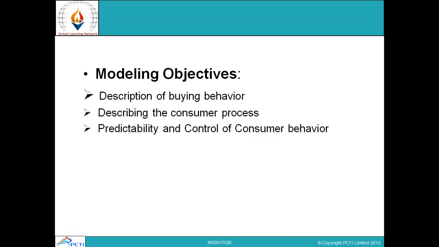For example, under the modeling objective, the first part we are discussing is description of buying behavior. Say I am a microwave manufacturer from LG and I want to market my product. The data I would search for primarily concerns housewives, working people, or husband and wife both working, who have very little time.